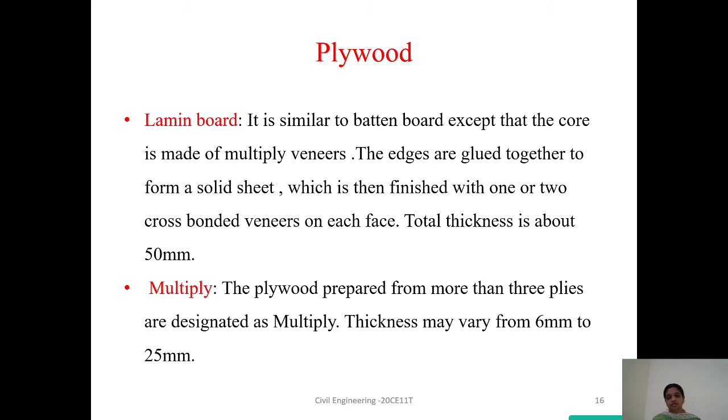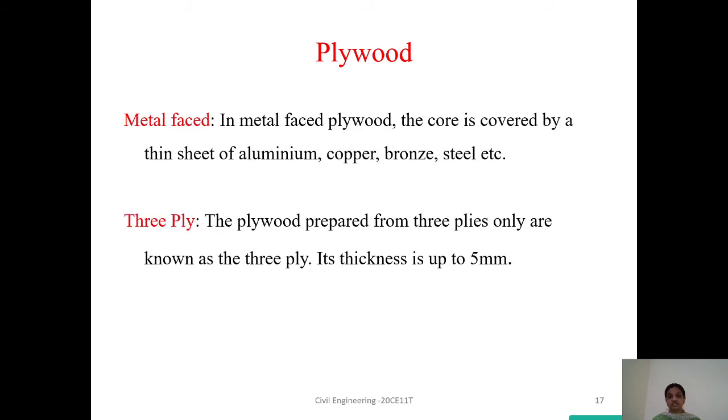Multiply. The plywood prepared from more than 3 plies is designated as multiply. The thickness varies from 6 mm to 25 mm. Metal faced plywood.